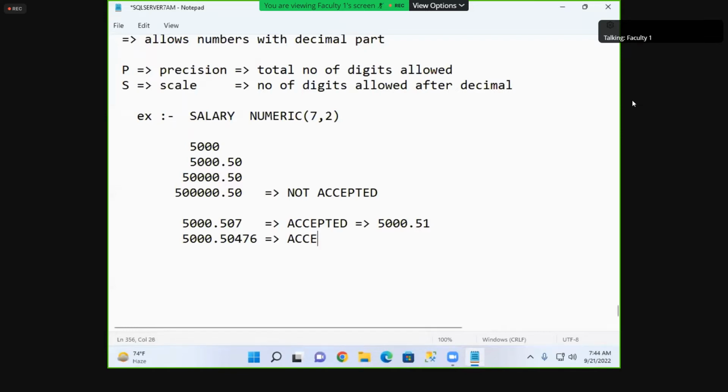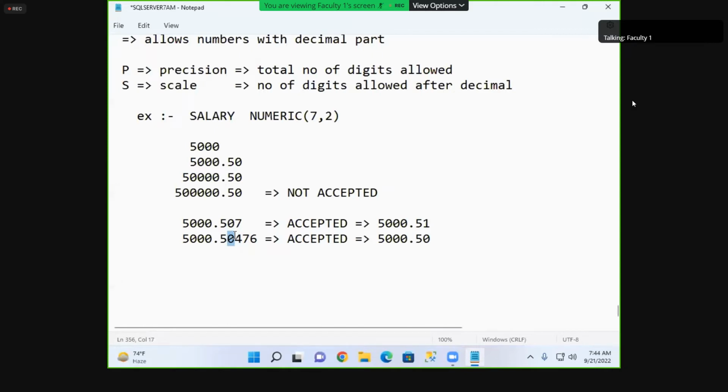Allowed. This is accepted. Then what does it show? 5,000.50, because the next digit is below 5. If it is below 5, this is 0 only. If it is 5 or above 5, this is rounded to 1.